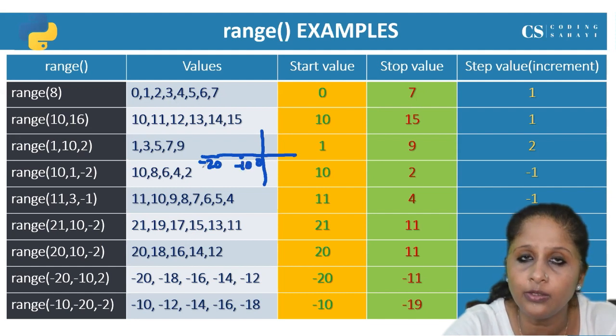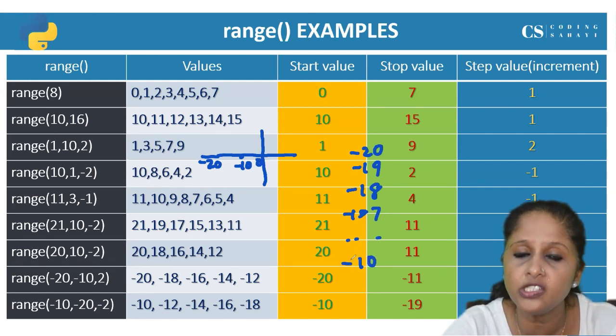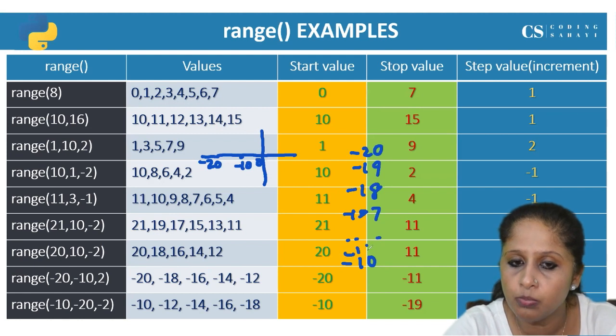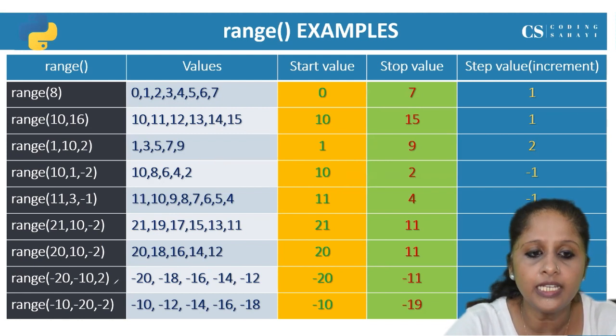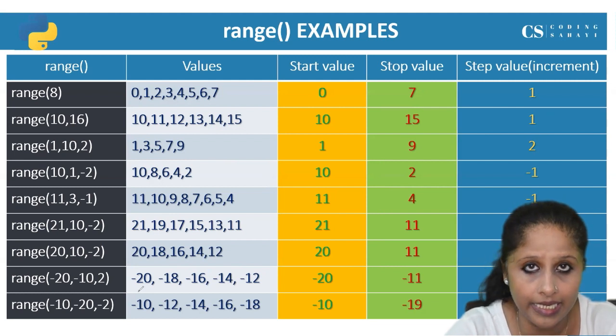So what are the values inside this one? It is minus 20, minus 19, minus 18, minus 17 till minus 10, right? Whether minus 10 is included? No. So what is the number just before minus 10? It is minus 11.